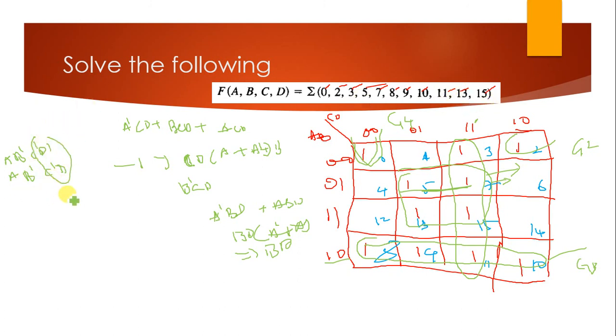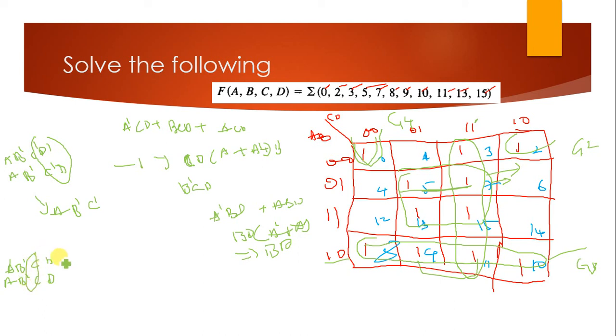So the output equation in the first case is A, B dash, C dash. Second case between these two, that is A, B dash, C dash, D has been shifted to C, D. A, B dash, C and D.